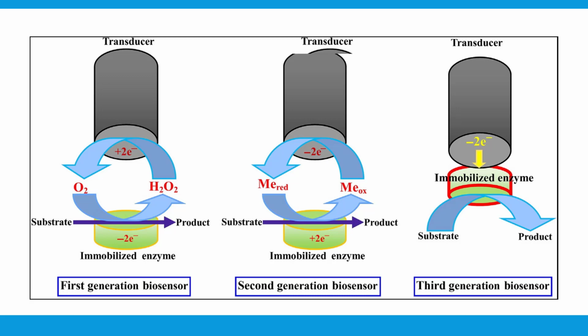We can see the immobilized enzyme shifted above the transducer. Before, the transducer and immobilized enzyme were separated, but here you can see there is a shift. For example, on platinum, they are co-immobilized at an electrode surface, making the biorecognition component an integral part of the electrode transducer. So there is no loss involved regarding the escape of substrates or products. That's how third generation biosensors came into place.